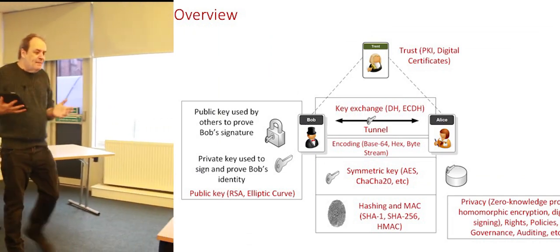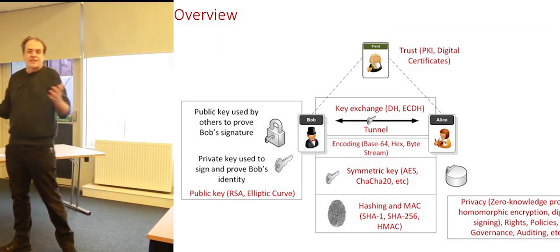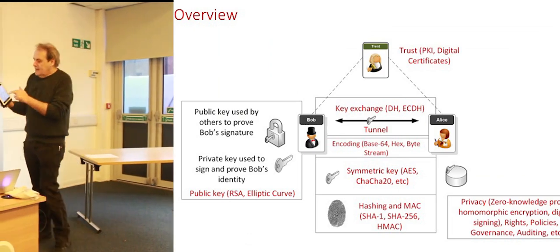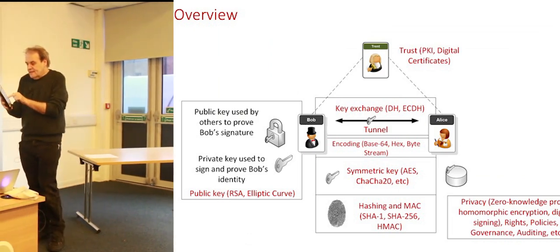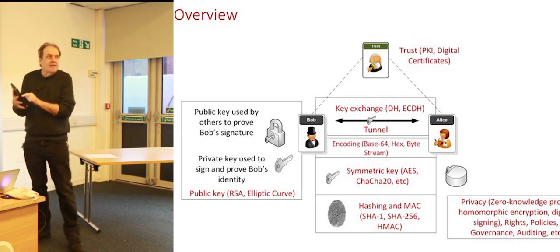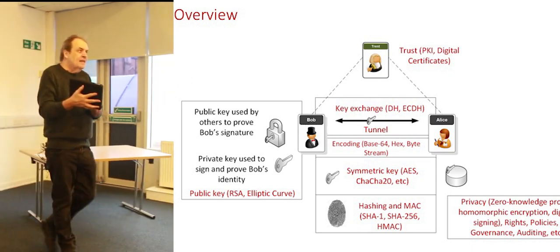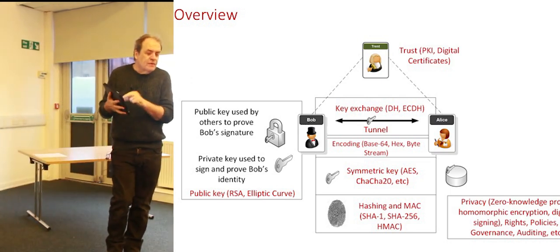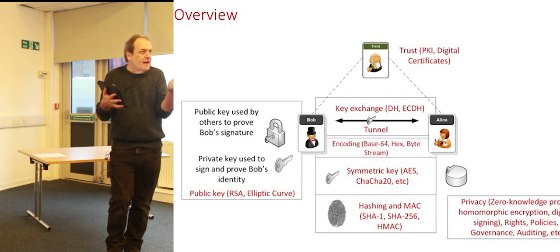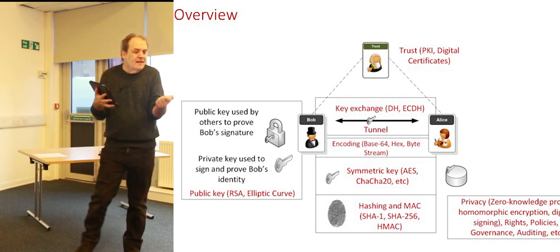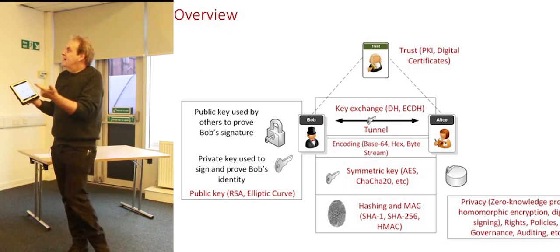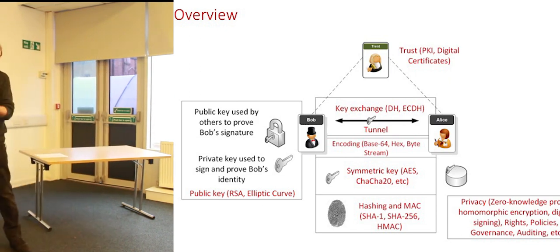So this is the roadmap of what we're actually looking at. And this is the symmetric key here. Symmetric key is used to protect data at rest on a disk, on air, over the network.